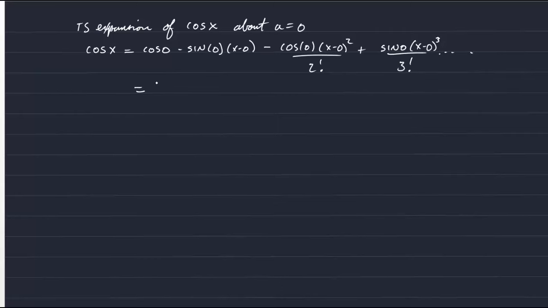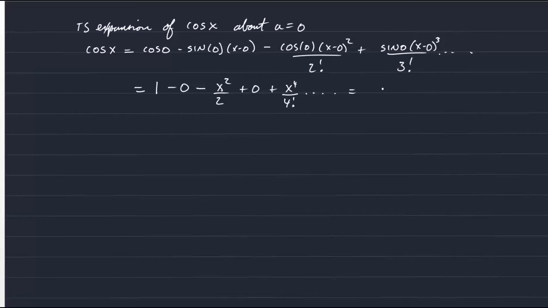And this gives 1 minus 0, because sine of 0 is 0, minus cosine of 0, which is 1, so we get x squared over 2. We get another 0 with the sine 0, plus 0, plus x to the 4th over 4 factorial, and so on.